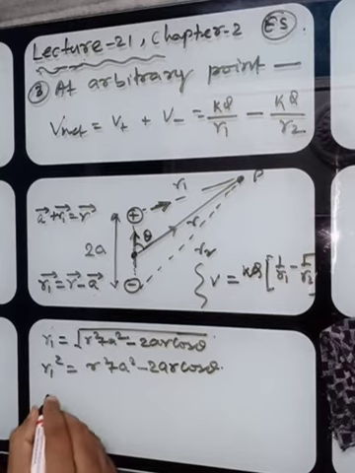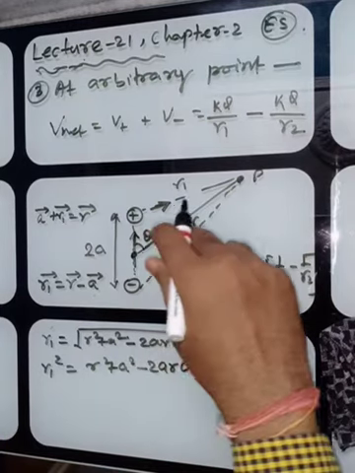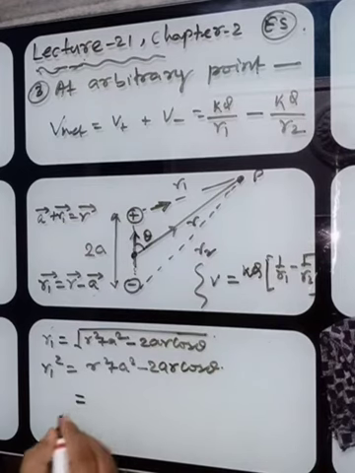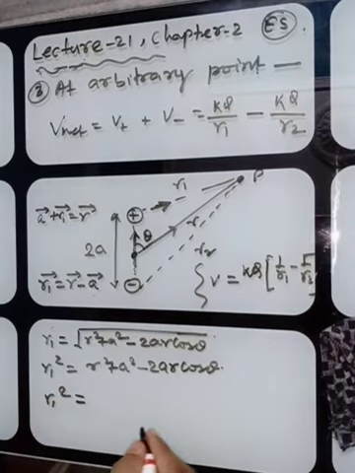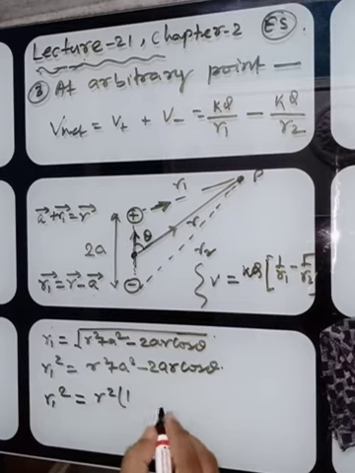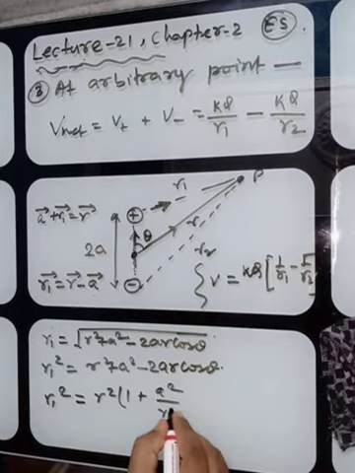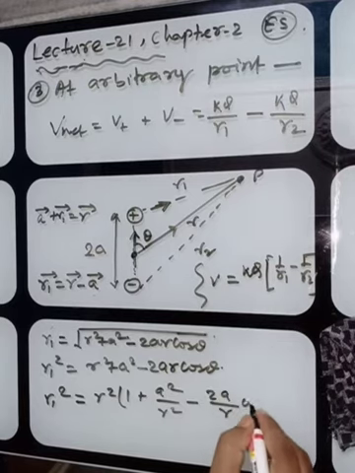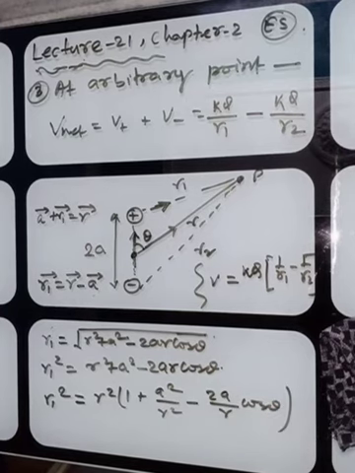R1 square, since this quantity is very small, here the common, we take R square, it is 1 plus A square by R square minus 2A by R cos theta. Could you write?